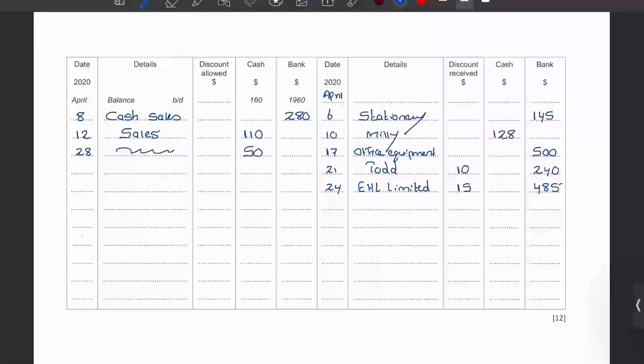I know many people have gone wrong. What did you write here? Sold, sales, office equipment. Wrote also, no? What to do? Learn from your mistakes. Old office equipment. Whenever you sell a non-current asset, you give a special name to that.